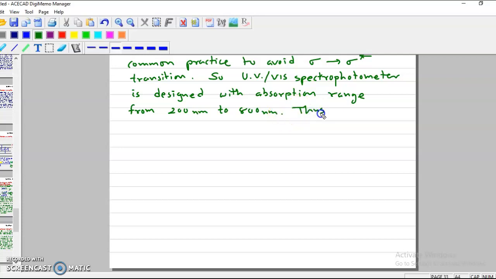Thus, the sigma to sigma star transition cannot be captured.